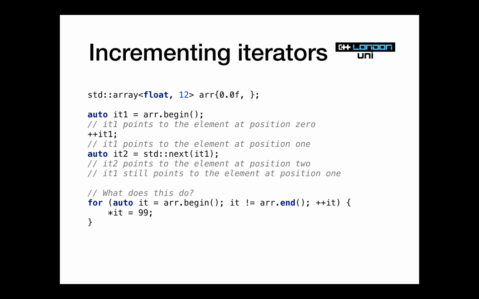So this is exactly the same difference, by the way, as for the increment operators on an int. If you have int i equals 0, and then int j equals i plus plus, then j is going to be equal to 0 and i is going to be equal to 1.